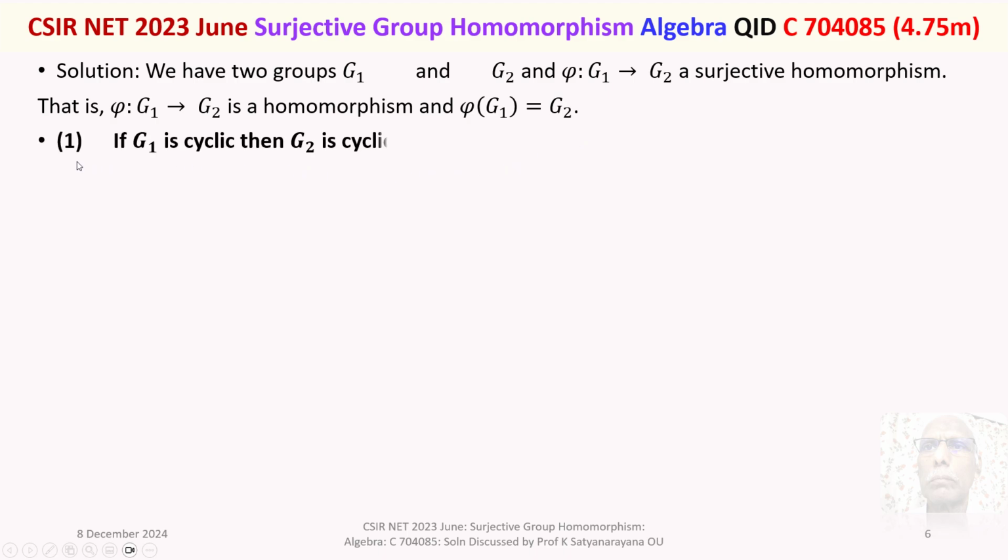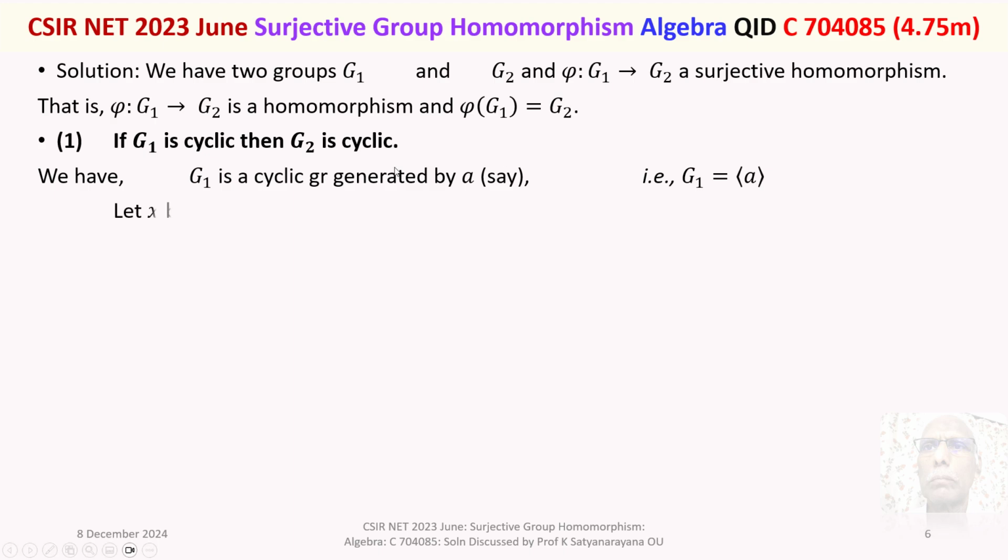Let's take option 1. If G1 is cyclic, then G2 is cyclic. Is it true? Let's see. We have G1 is a cyclic group generated by A. That is, A is a generator of G1.